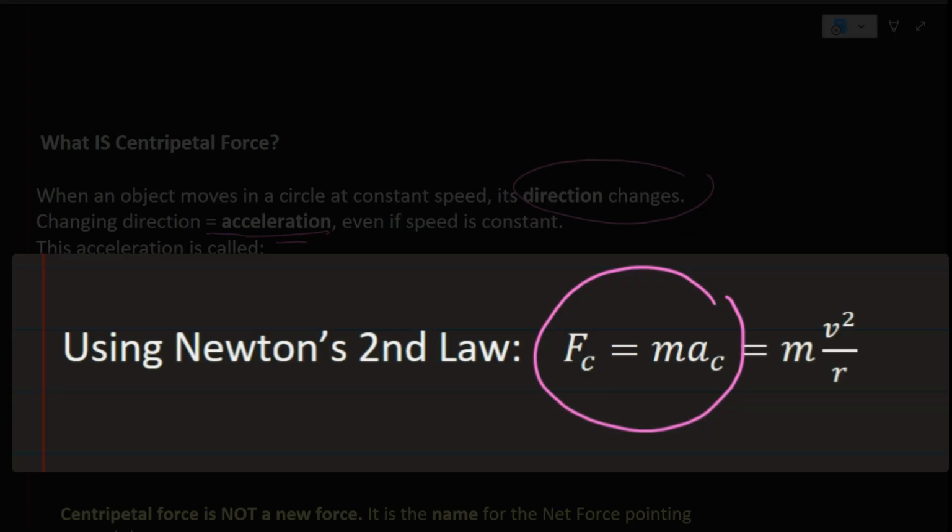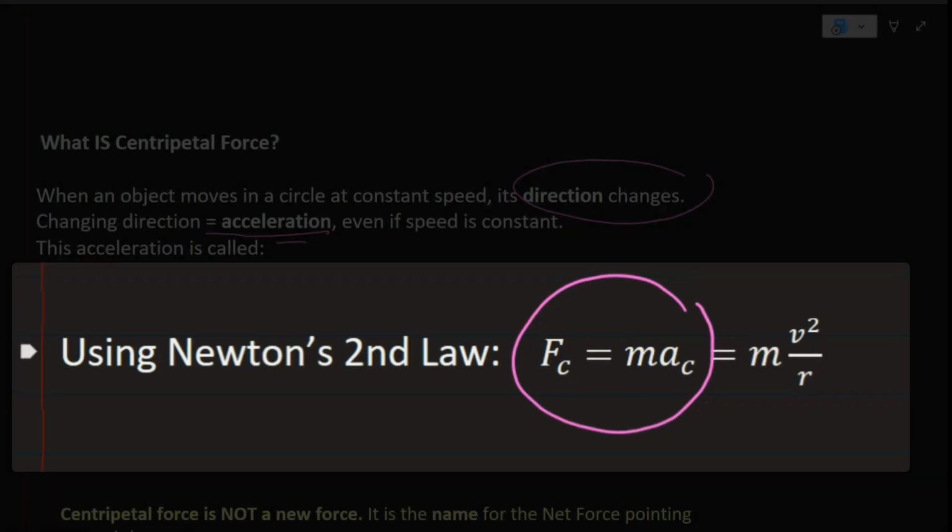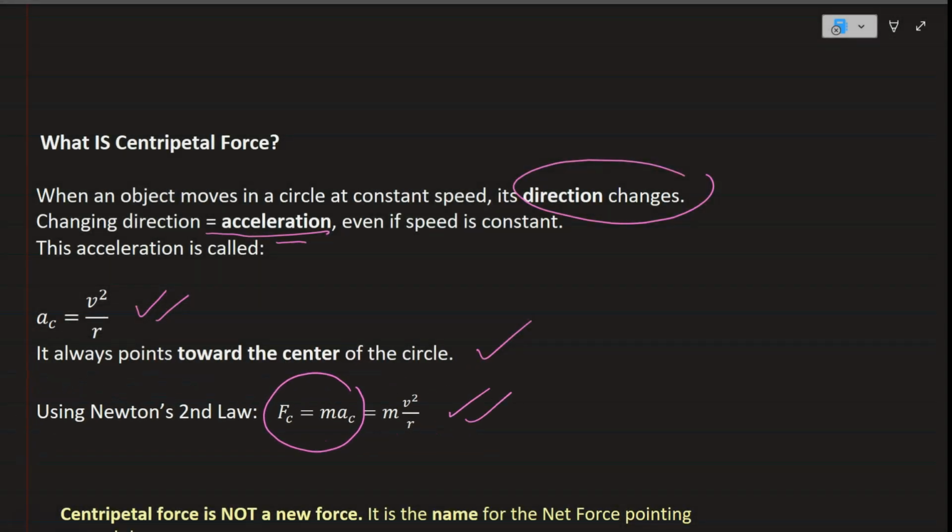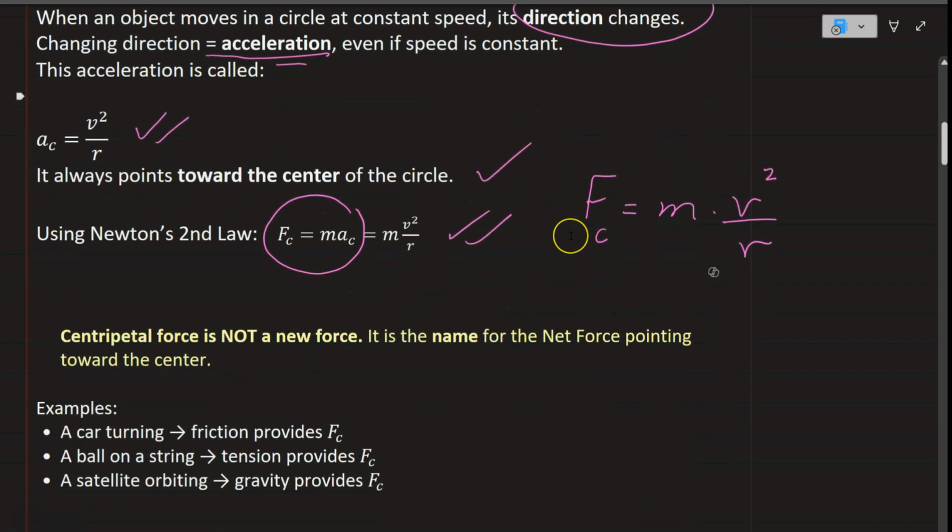That means centripetal acceleration. And then we just simply substitute v squared over r in place of ac. And then you have this new equation, which is Fc, centripetal force, is equal to m times v squared over r. Okay. All right.